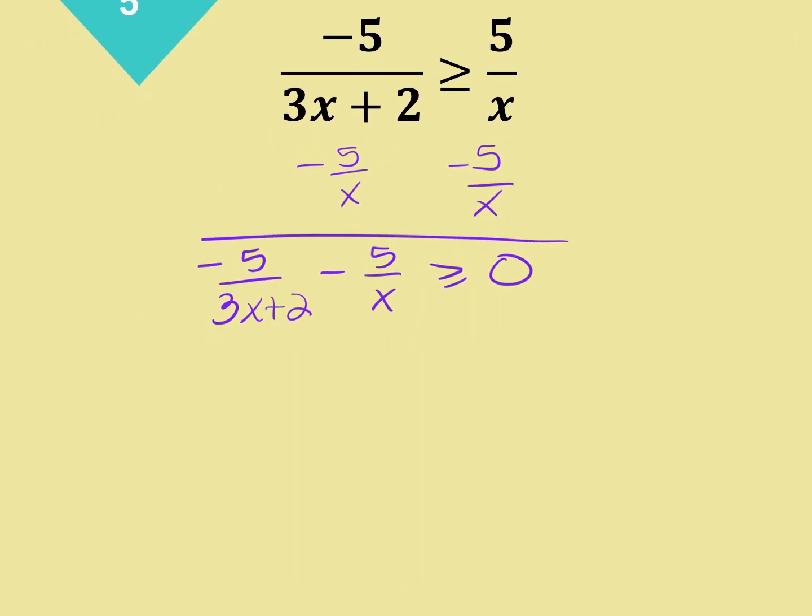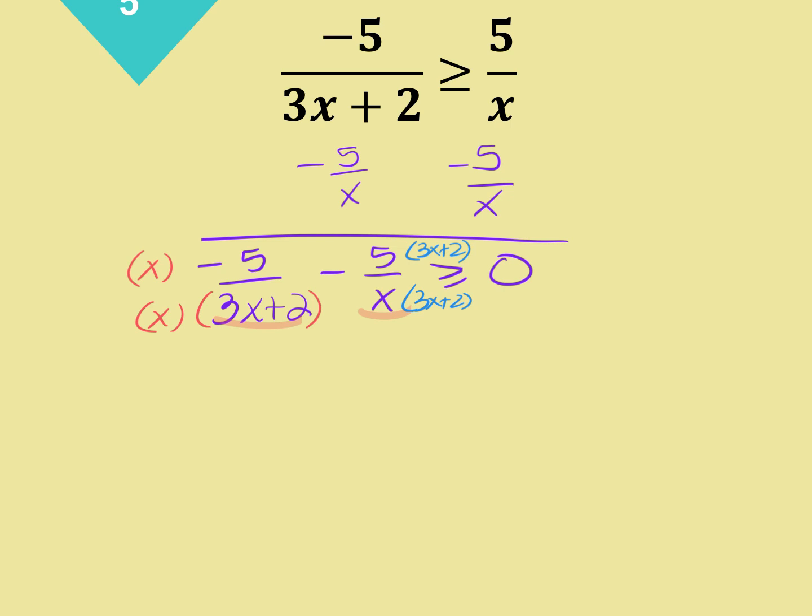My common denominator is going to be both of these. So the first fraction is missing the x, so I have to multiply the top and the bottom by x. The second fraction is missing the 3x plus 2. Whatever you multiply to the denominator, also do to the numerator.